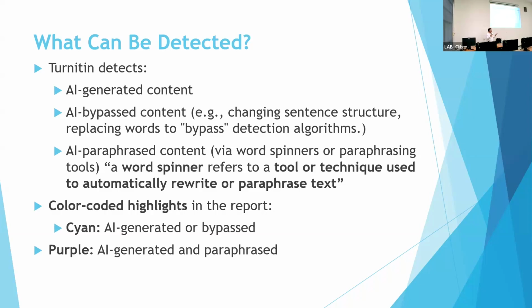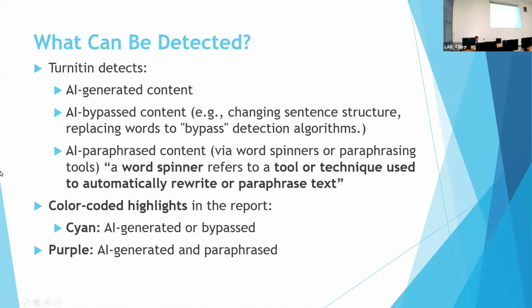So you use another program like QuillBot, like Grammarly, and prompt, can you paraphrase this for me? Suppose you start from ChatGPT, you use the ChatGPT text and let this program paraphrase. Turnitin will detect, hey, it looks like a word spinner, looks like paraphrased text.